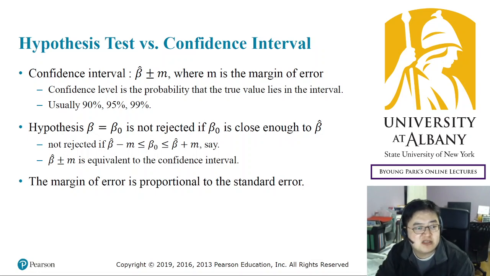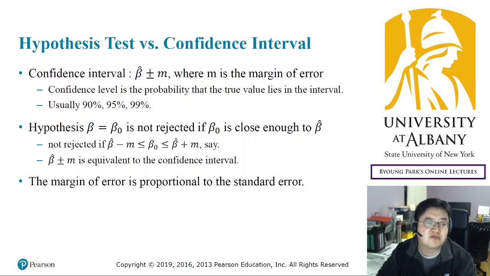As usual, let's start by reviewing the general framework. A confidence interval is usually given like this. There is an estimator beta hat, and beta hat itself does not tell you how accurate the estimator is. So to supplement the information, you add and subtract a certain margin of error.